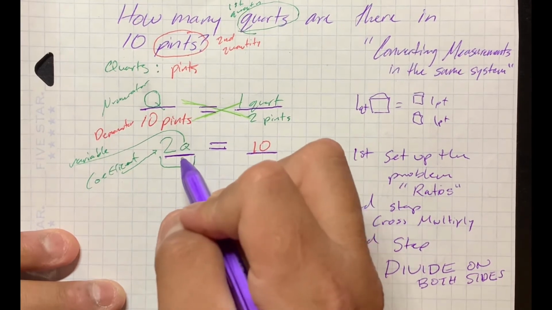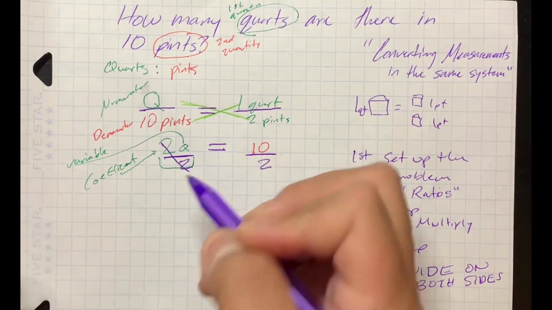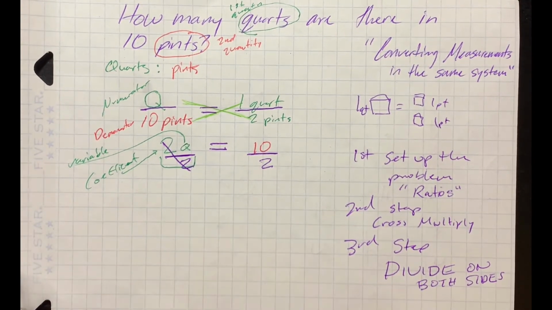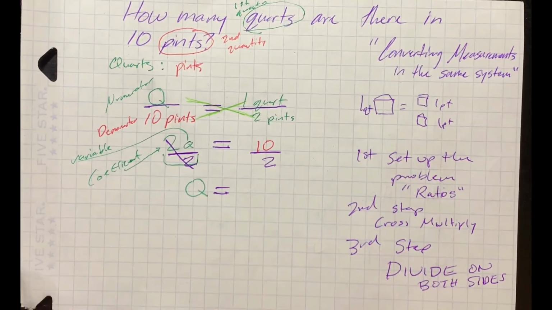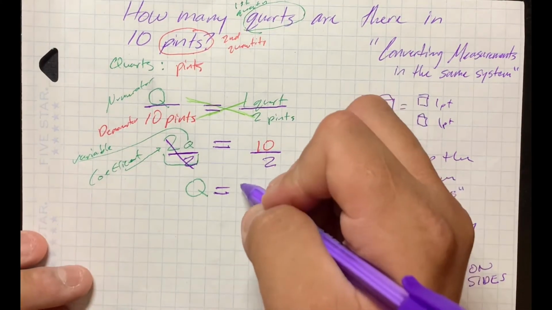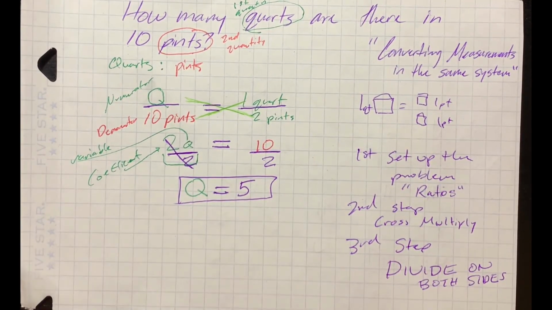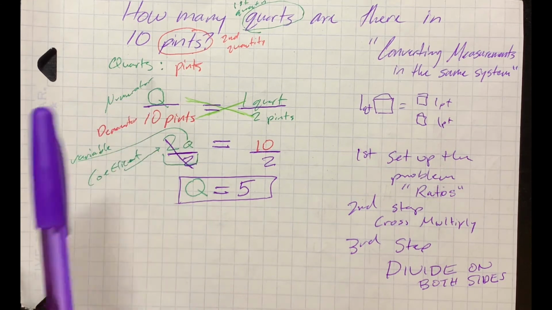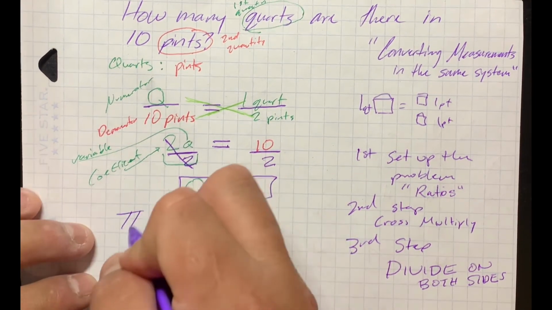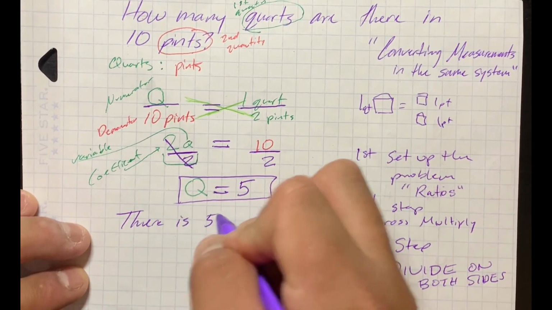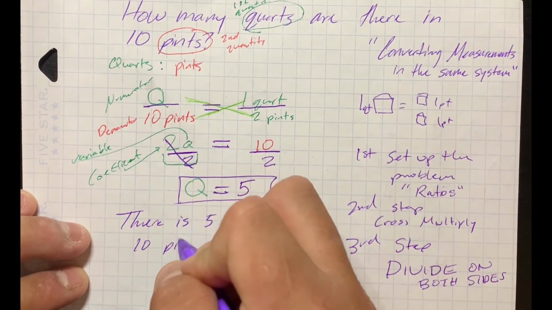Now, we're going to divide by 2 on both sides. 2 divided by 2 is going to be 1, so what's left behind is the Q. Half of 10 is going to be 5. And our answer is going to be Q equals 5. So to answer the question, how many quarts are there in 10 pints? We're going to say there are 5 quarts in 10 pints.